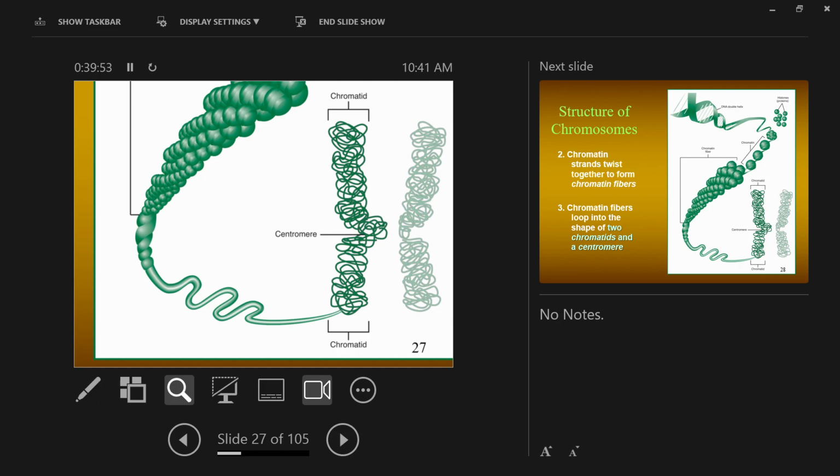So chromatin packages up into a chromatid, and that chromatid is 1/2 of a chromosome. You make a sausage and another sausage next to it, connected in the middle. That makes an X shape, and that's your chromosome.